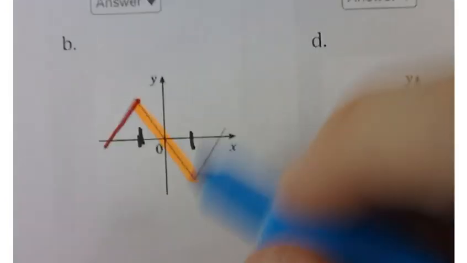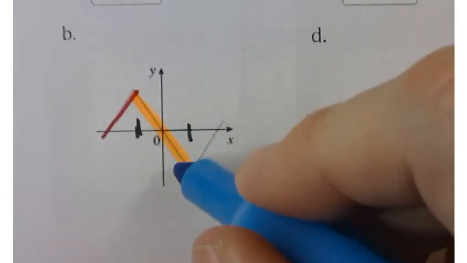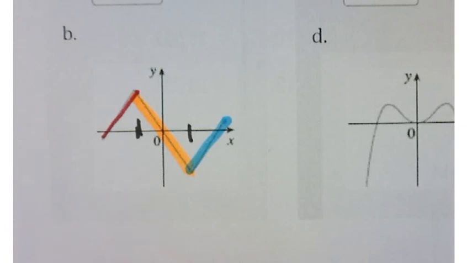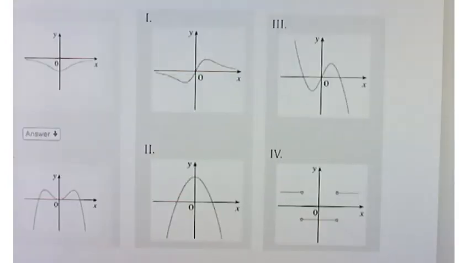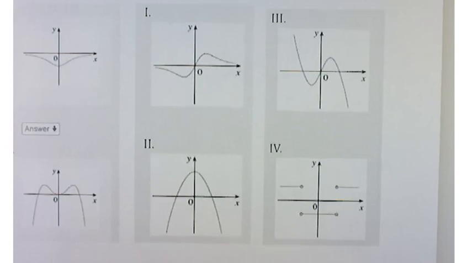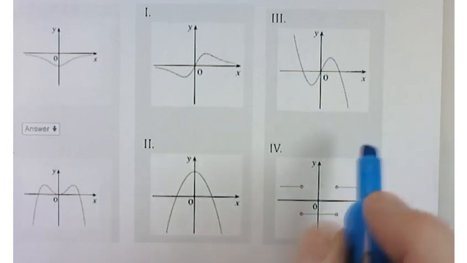Last but not least, the function is going up and up and up, again at a constant rate, right? So let's see if there's anything amongst our 4 possibilities that match that. Does it look like a possible winner here? Yeah, it looks like this one.